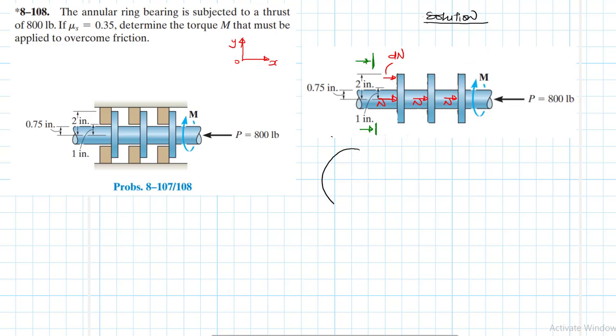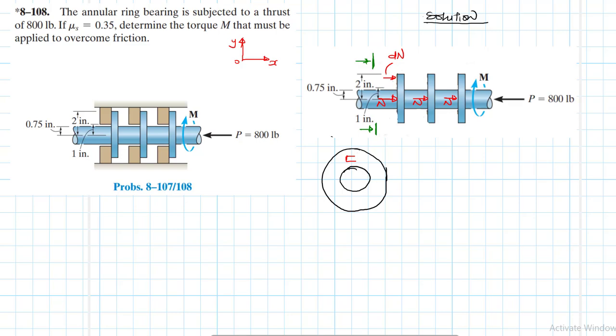So I will have something like this, the outer diameter and the inner diameter, like so. Again over this same place I have the very, very small dN.